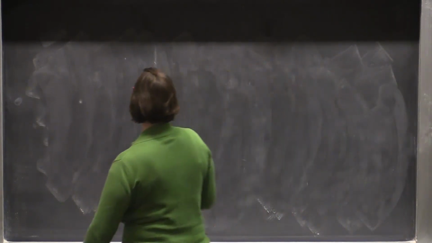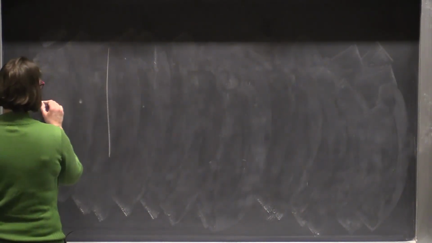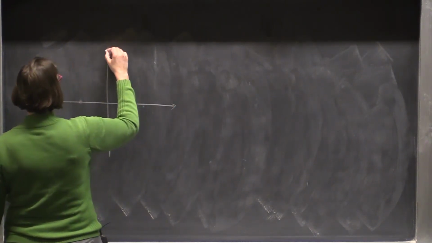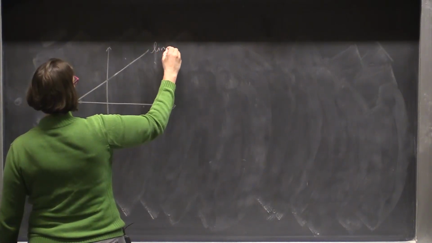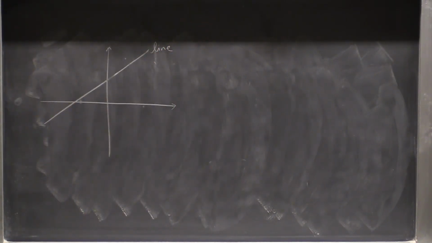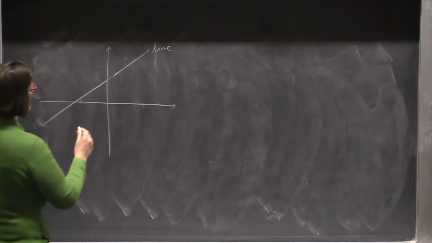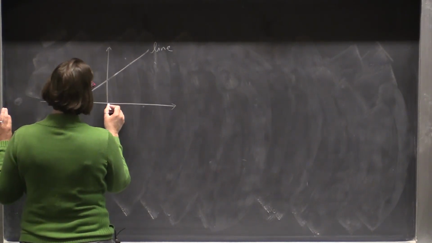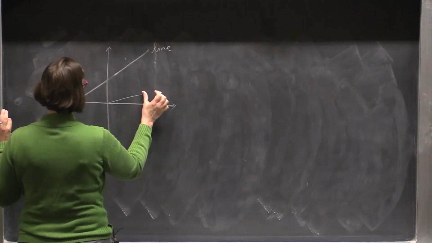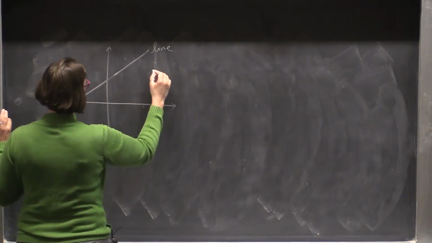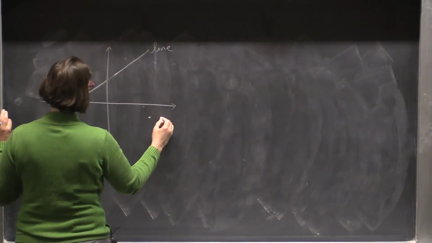So we're going to look at the baby problem. We're in R2. We have some line. And we have some point Q.